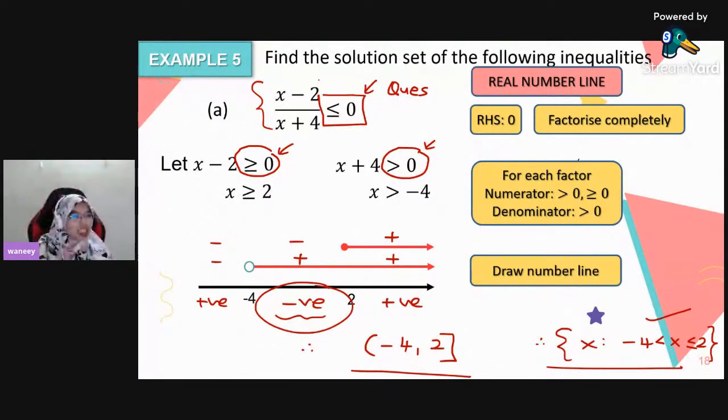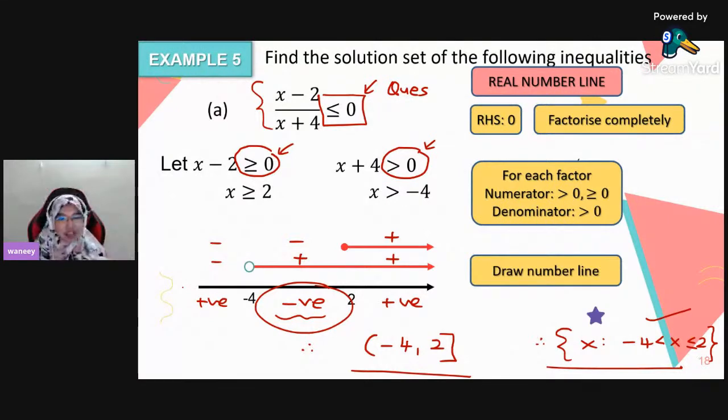Okay, so macam ni kita buat, factorize completely, kemudian ambil each factor, besarkan dia daripada kosong. Once you let them to be greater than 0, solve them, then draw your number line. On top of the line, write down positive, positive, positive. Those without the line, negative, negative, negative. And then you simply divide all the sign.